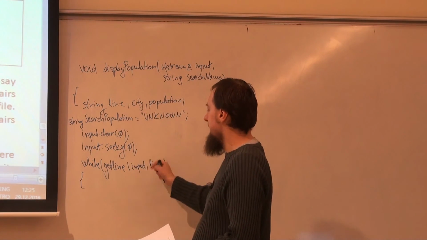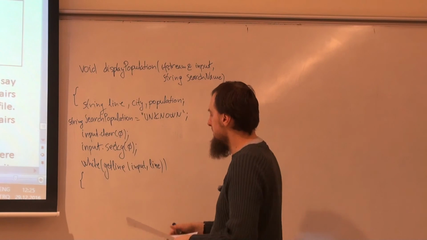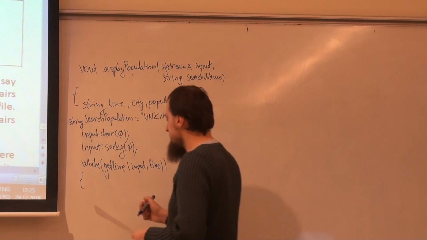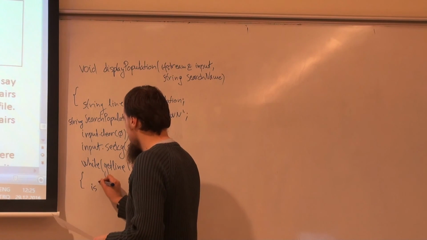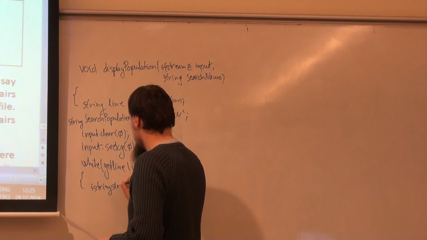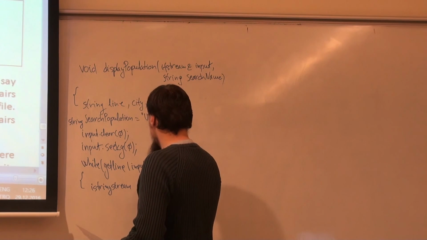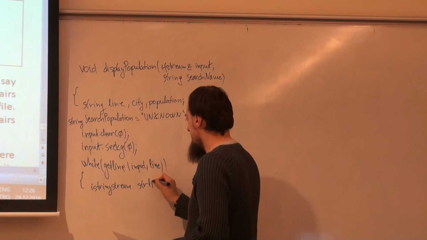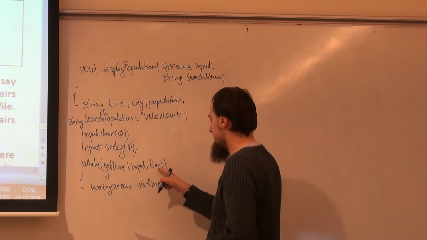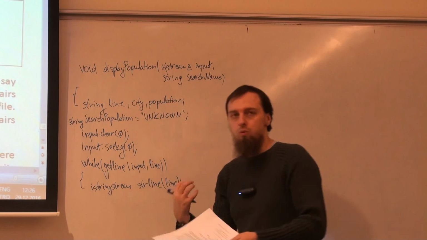So while we can get lines, we have them in the line, but we know that each line consists of the city name and the population. That's why we're going to define an iStringStream. We are going to call it string line, and it takes the line as a parameter. And we are going to take words one by one.